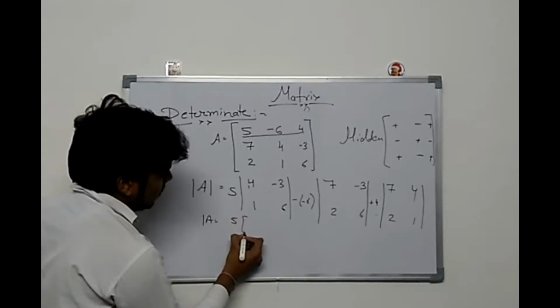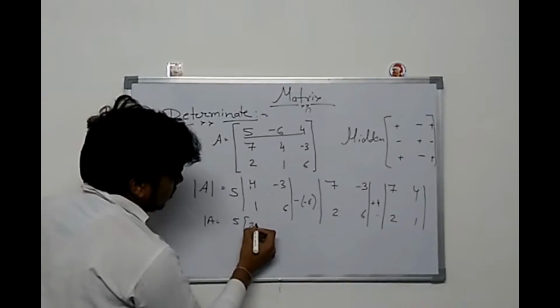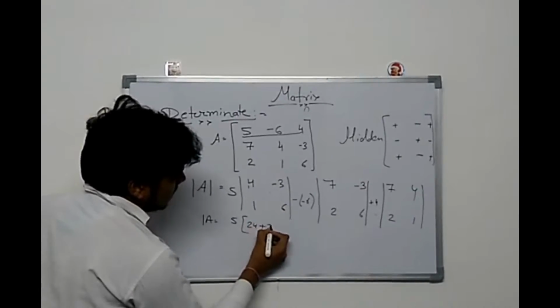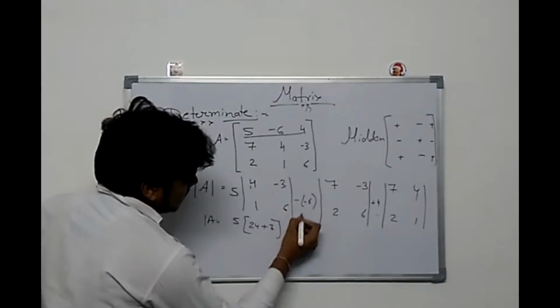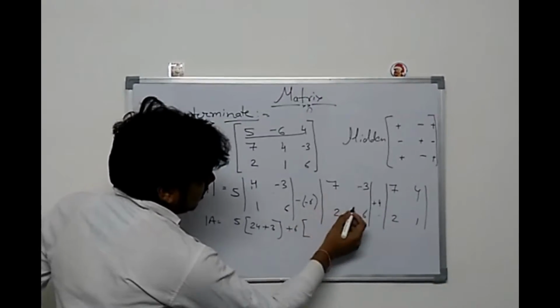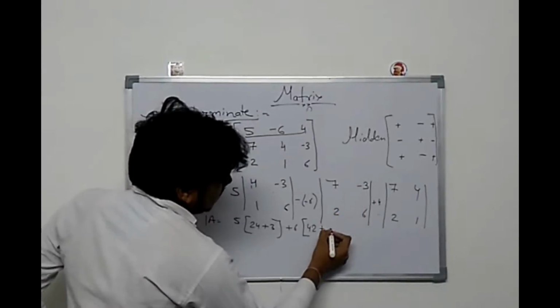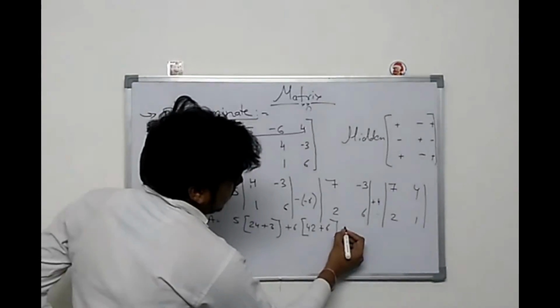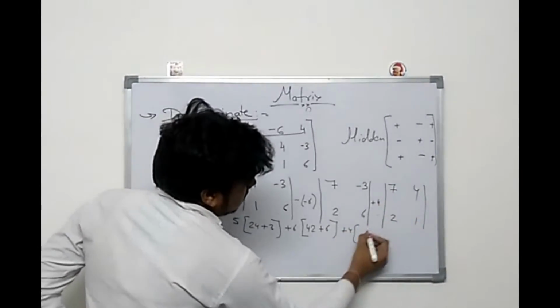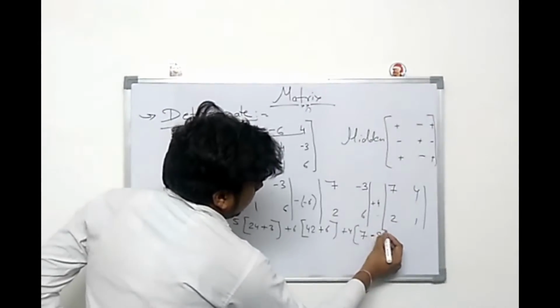5 times, 6 multiplied by 4 is 24, and plus 3, minus minus plus, 6 times, 42 plus 3... multiplied by 2, 6 plus 4, 7 minus 4 multiplied by 2, 8.